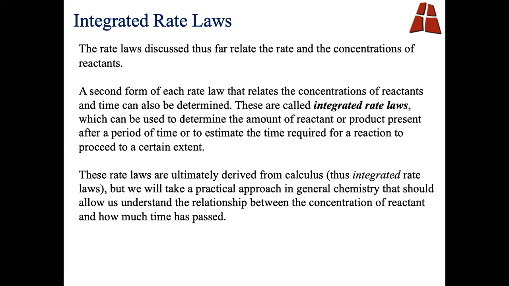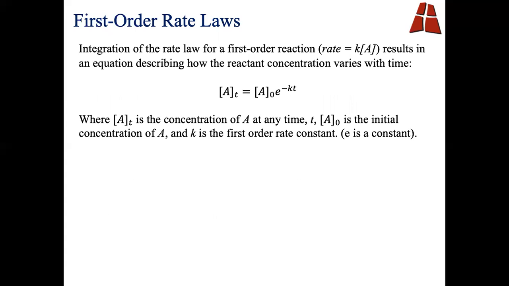But instead of doing the actual calculus, we're just going to take the practical approach in Gen Chem that helps us understand the relationship between when a reaction starts and how we can then determine the concentration of any species at any time along the reaction proceeding. If we think about first order rate laws, if we were to integrate this rate law, where our rate is equal to K times A to the first power, we would end up with this equation, which is our first order integrated rate law.